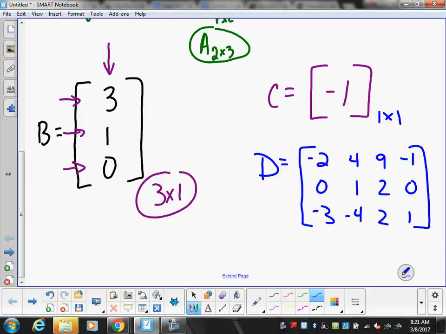All right, so what's the dimensions of this one real quick? Yeah, 3 rows, 4 columns, so 3 by 4.